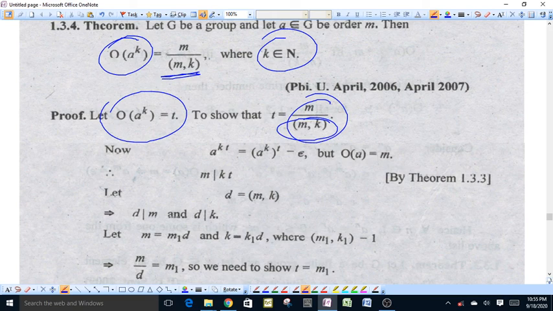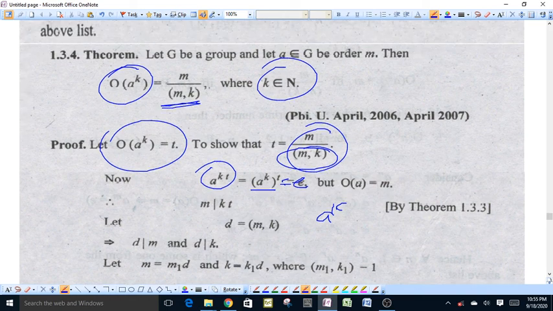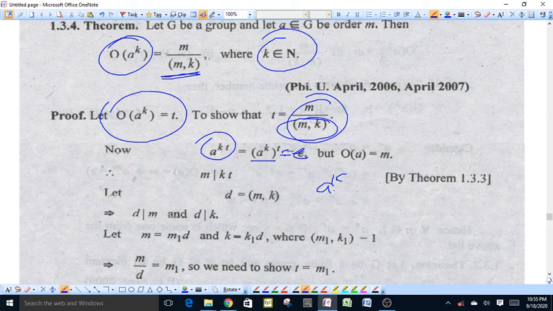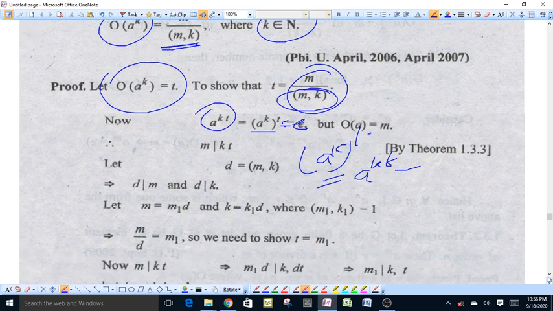Now, a raised to power kt will be equal to a raised to power k, raised to power t, which will be equal to e, the identity element of the group.